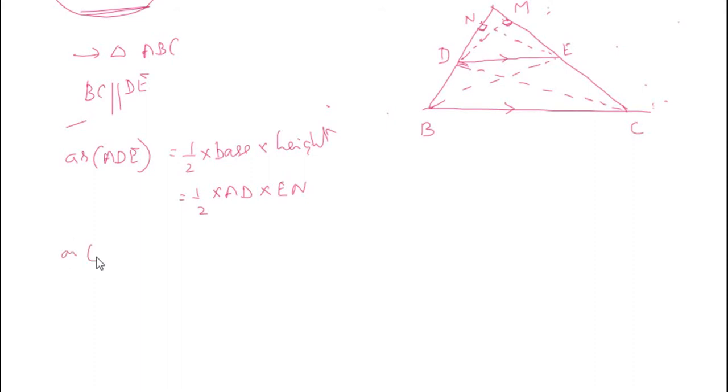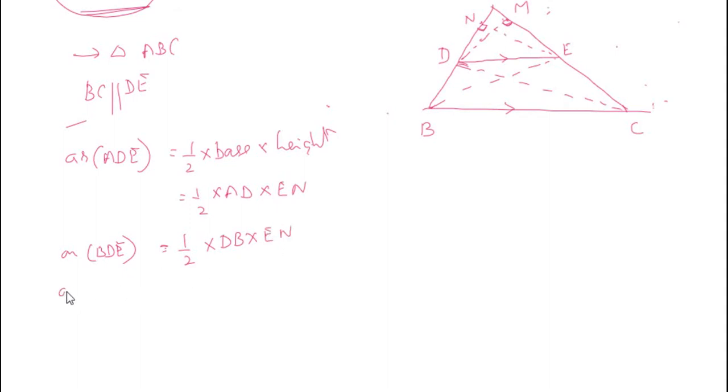Now area of triangle BDE, which is the triangle BDE, this triangle. For this triangle, BD we will take as the base and EN is the height. This is the perpendicular drawn to side AB. So base is BD and height is EN. So area equal to half into base into height. So half into DB into EN.